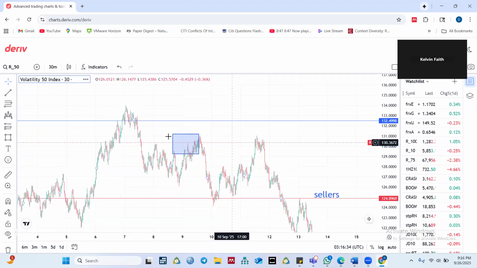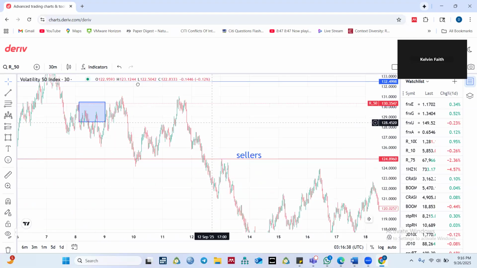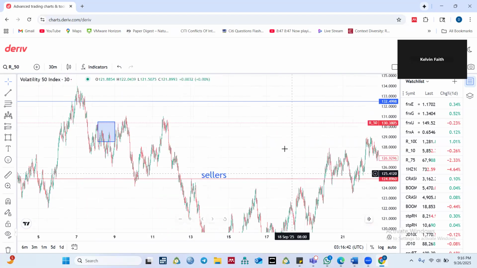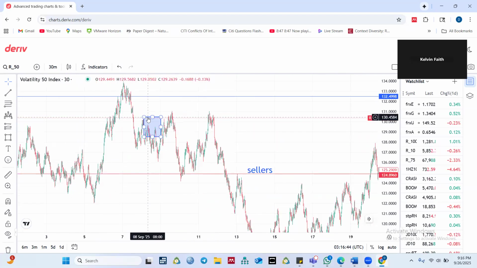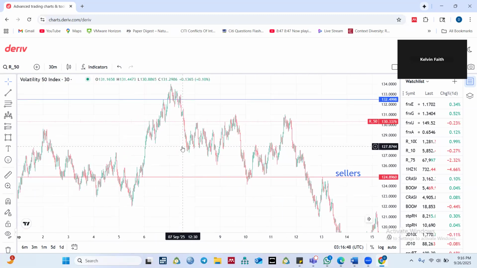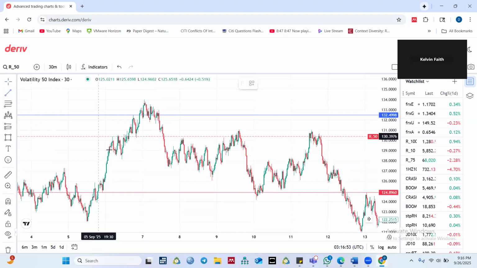So the move started here, came down here, and then now we are seeing a pullback. So let's see at the point of the break of structure, what is the last low that gave this high?